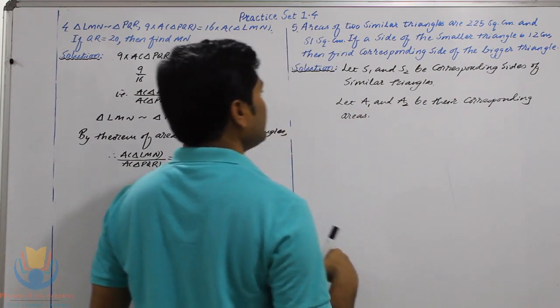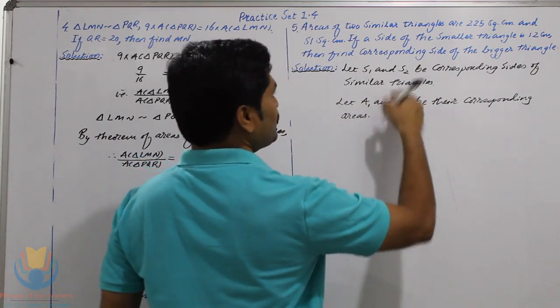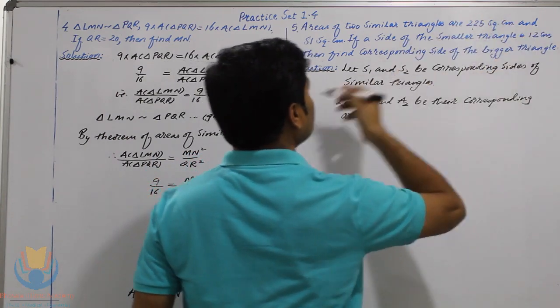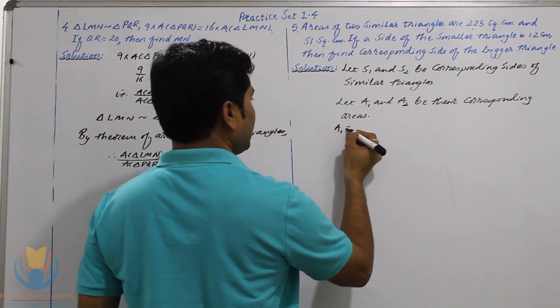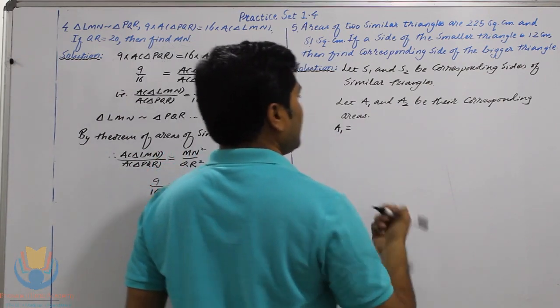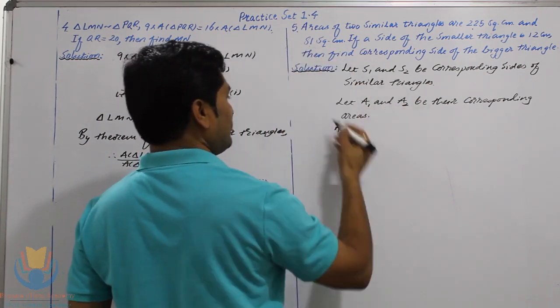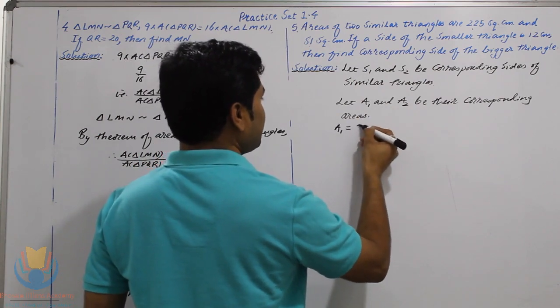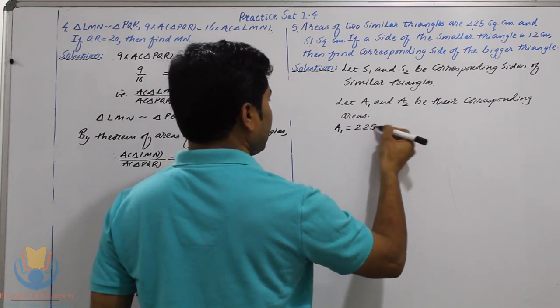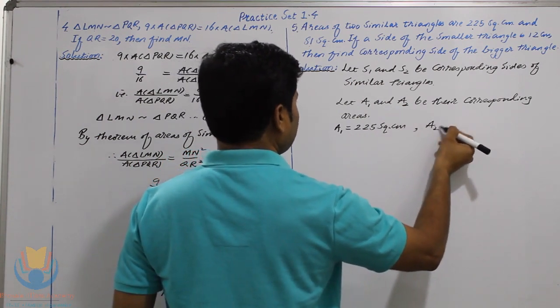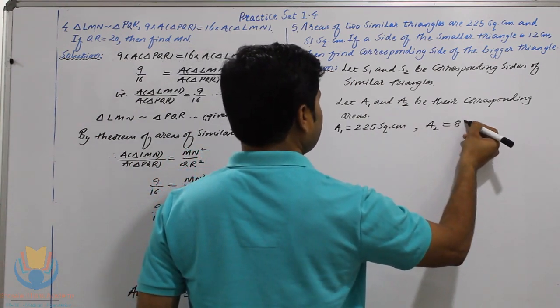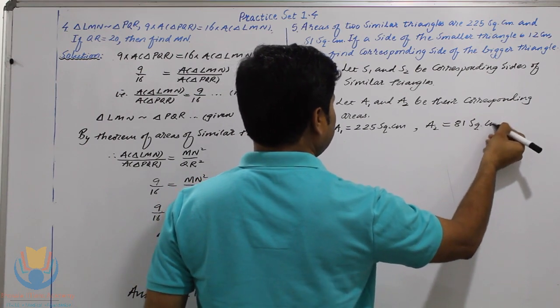So we will write the values of A1 and A2 that are given in the question: 225 and 81. So one value of A we will take as 225, and the other value of A we will take as 81. So A1 is 225 square centimeter, and A2 we are taking as 81 square centimeter.